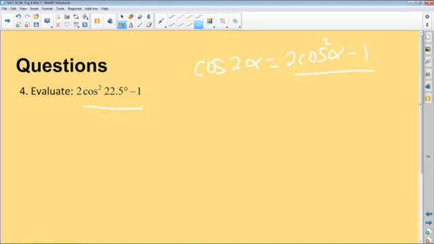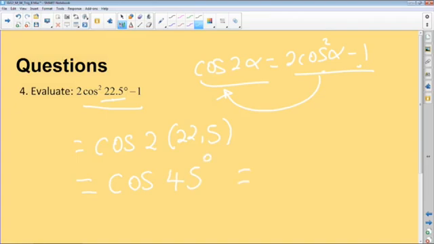So I can go backwards using my identity and say that 2 cos squared alpha minus 1 is the same as cos of 2 times alpha. So 2 cos squared 22,5 degrees minus 1, I can rewrite as cos of 2 times 22,5, which is cos of 45 degrees.